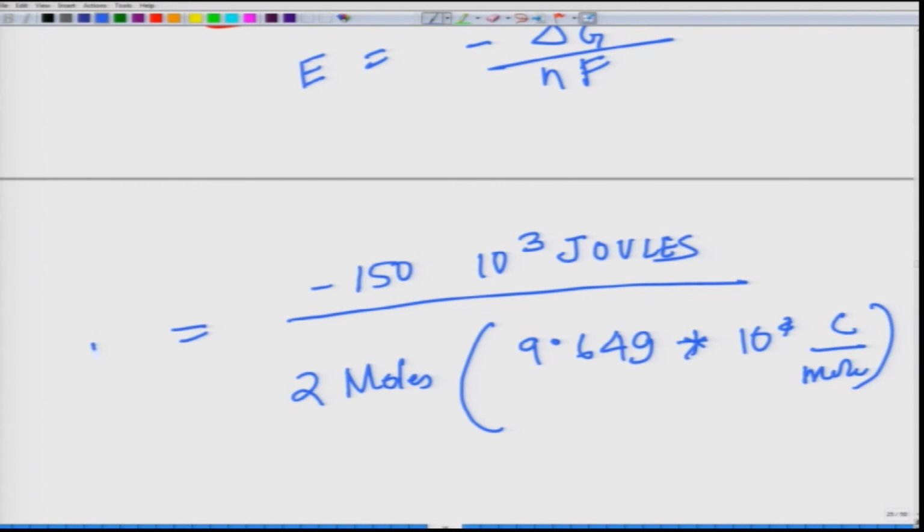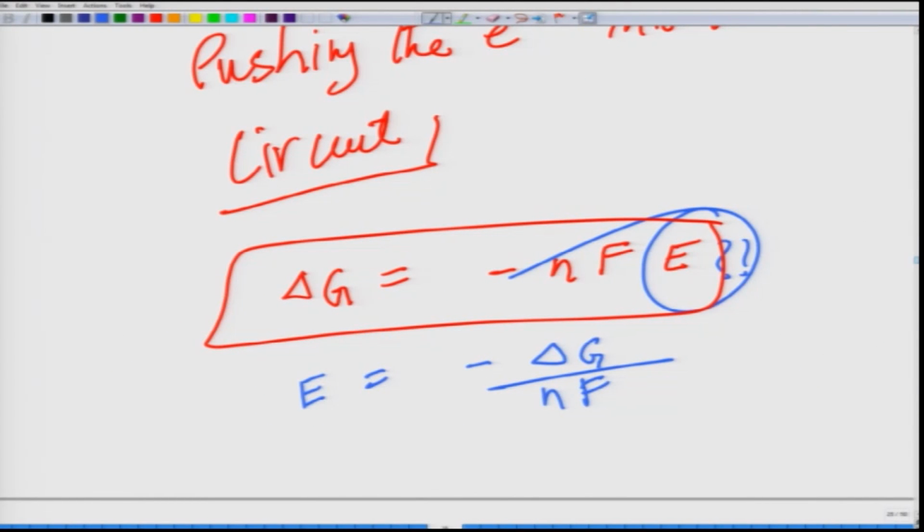There is a minus already here, and the equation also comes with a minus, so the minus cancels.